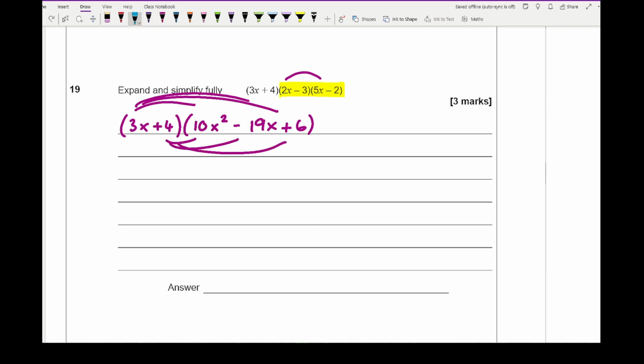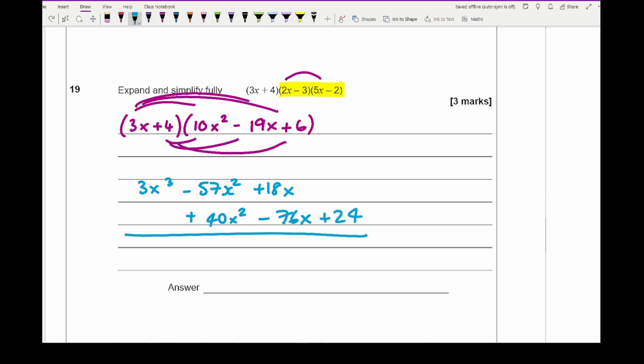So what you should end up with, we've done it my way, is 3x cubed minus 57x squared plus 18x, and then we end up with 40x squared minus 76x plus 24. Then all I've got to do is add the 2 things together, in which my final answer should look like 3x cubed, minus 17x squared, minus 58x plus 24.